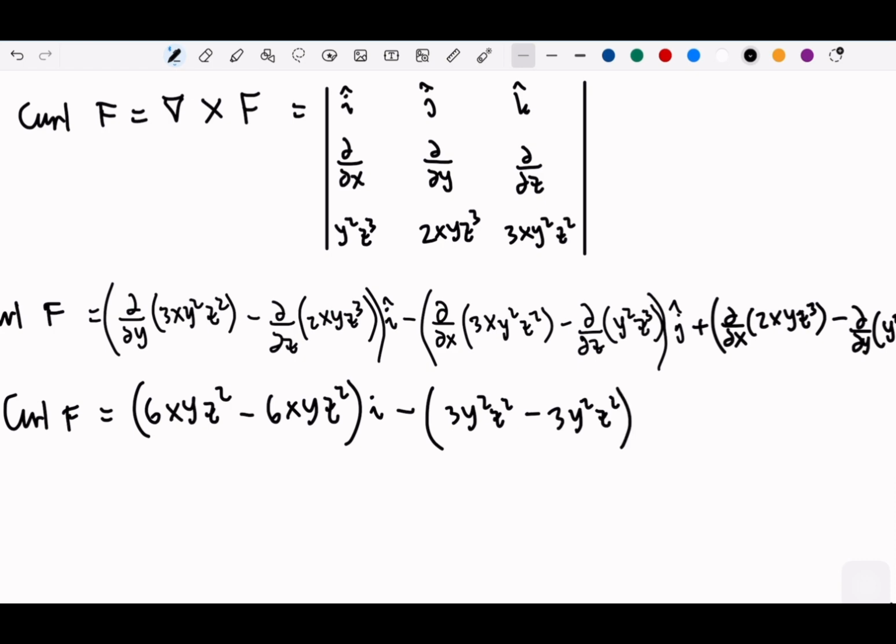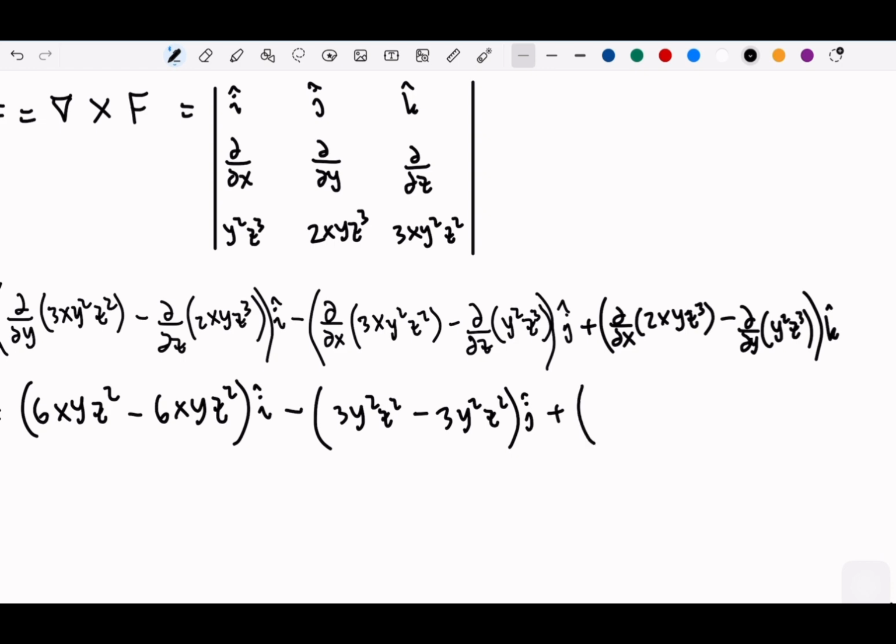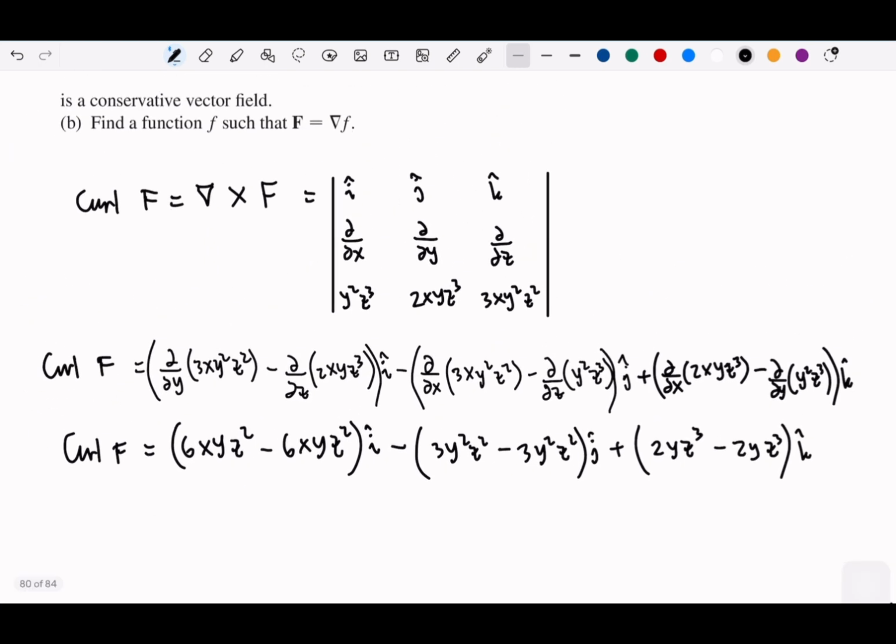I think this will be all 0, and plus this will be 2yz cubed, and this will be minus 2yz cubed as well. So this will be 0, which means that F is conservative.